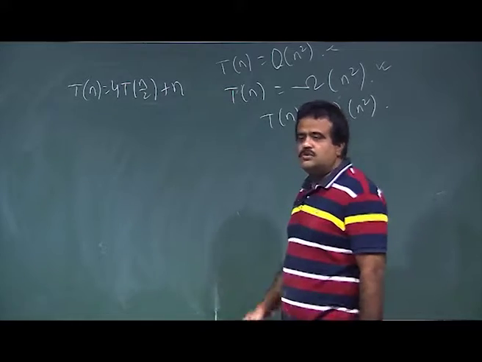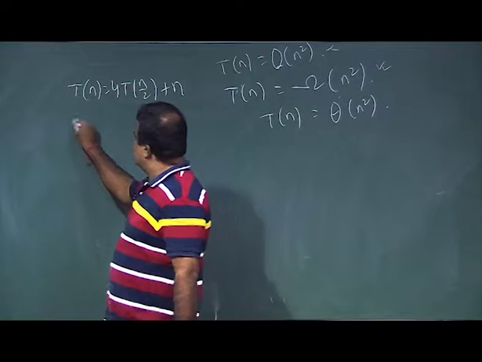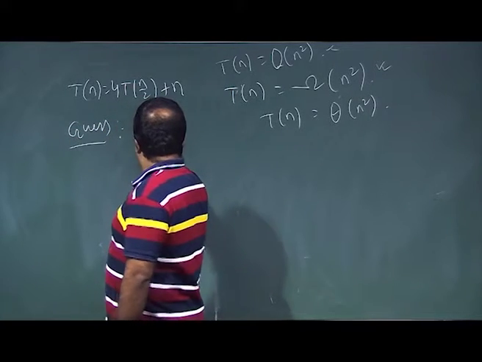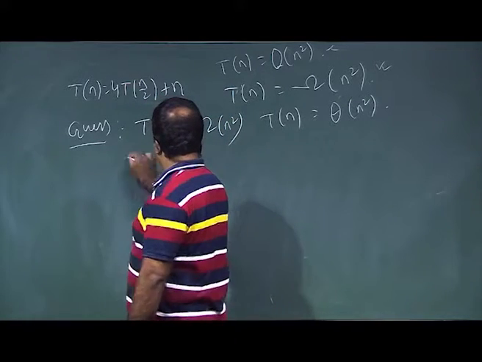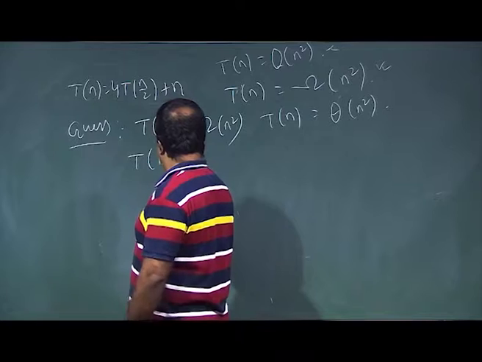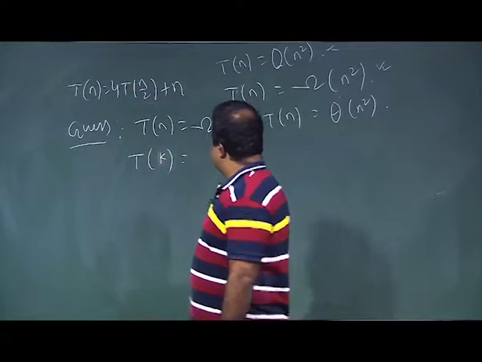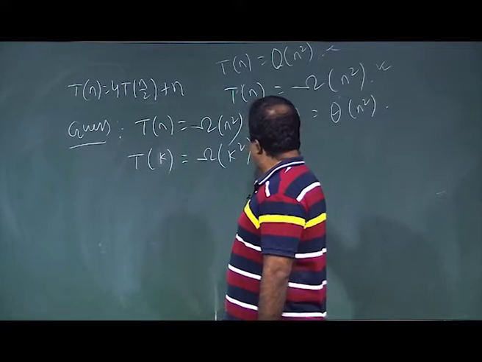To show this, we will follow a similar way. We guess that T n is big omega of n square. That means we assume that T k is big omega of k square.